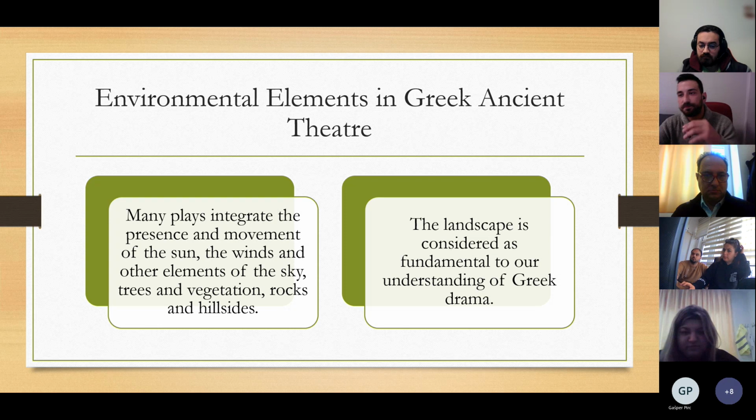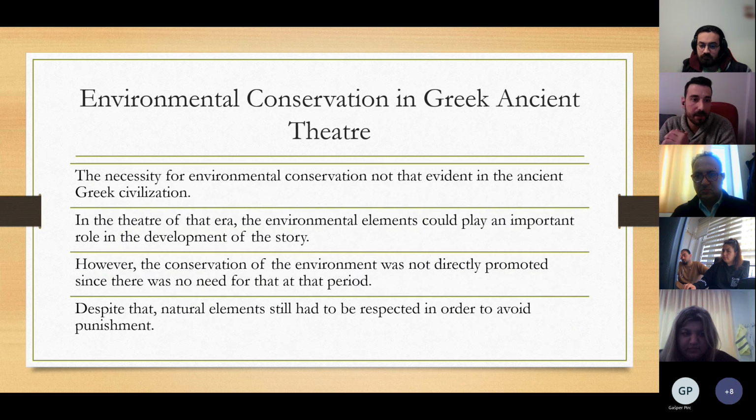They also exploited the contrast between light, shade, and darkness generated during performance time in a very symbolic way. What we have just presented refers to the way that ancient Greeks took advantage of the environment and the surroundings of the Greek theater.